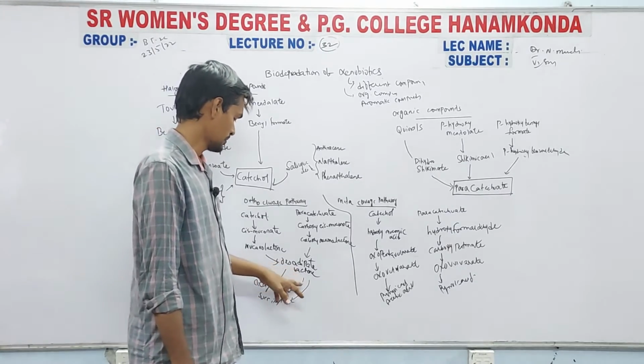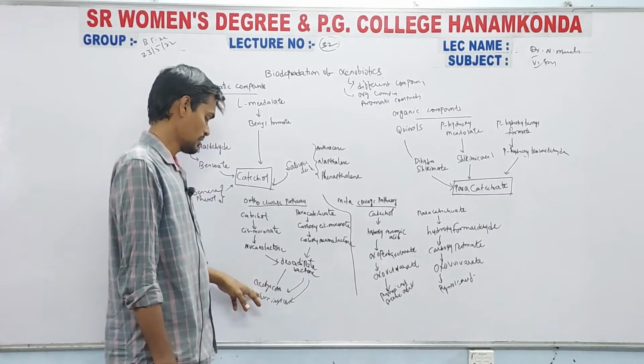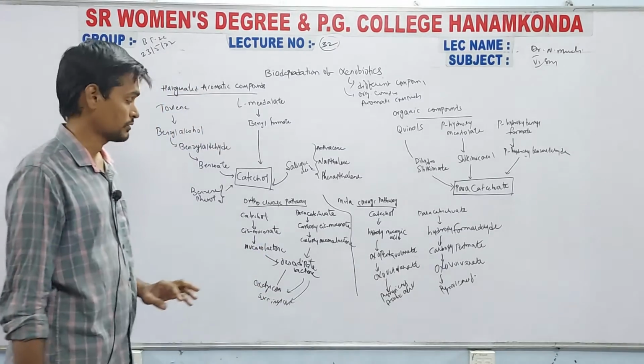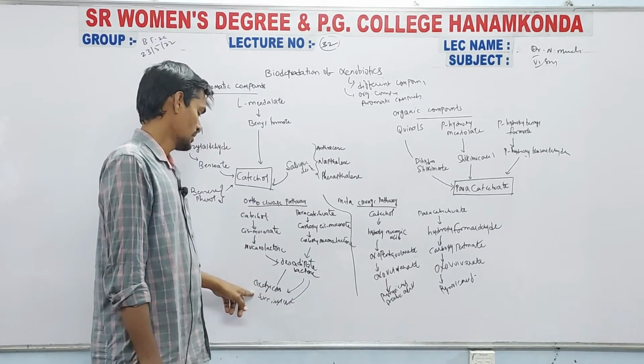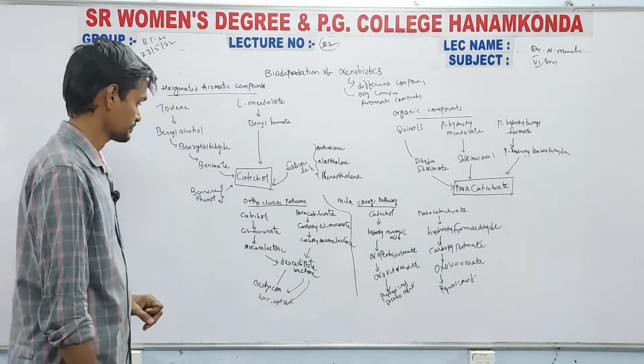From oxoadipate lactone, it results in the formation of succinyl CoA and acetyl CoA as end products. So from catechol to acetyl CoA and succinyl CoA.